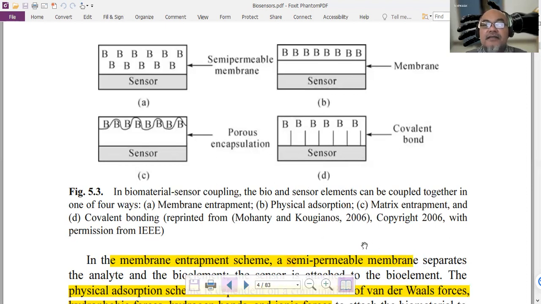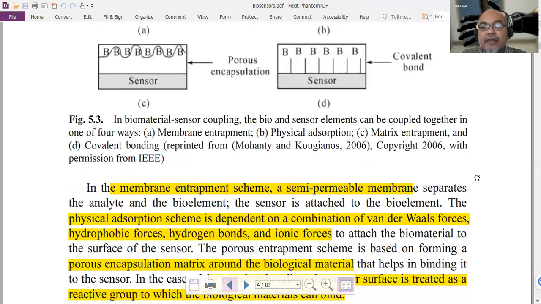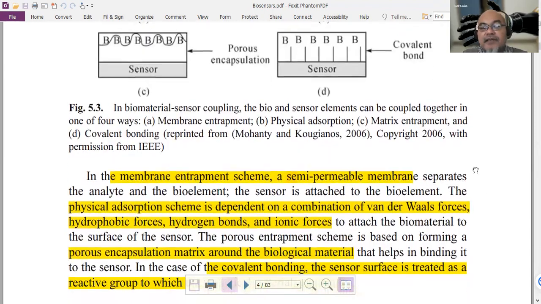This is the cheapest among the four, but of course usually the orientation will also be random. The orientation of how the molecule is standing on the surface of that sensor will also be random, but it can still have some interaction.